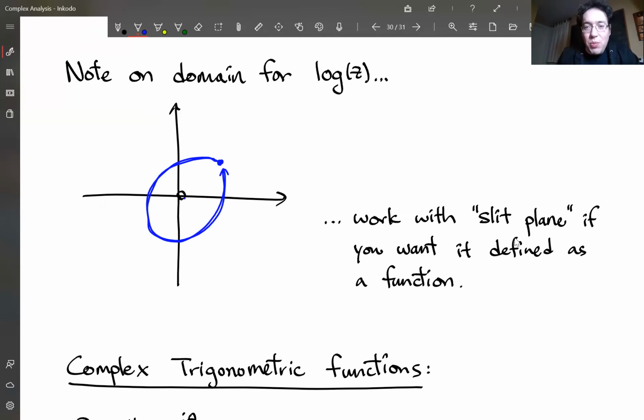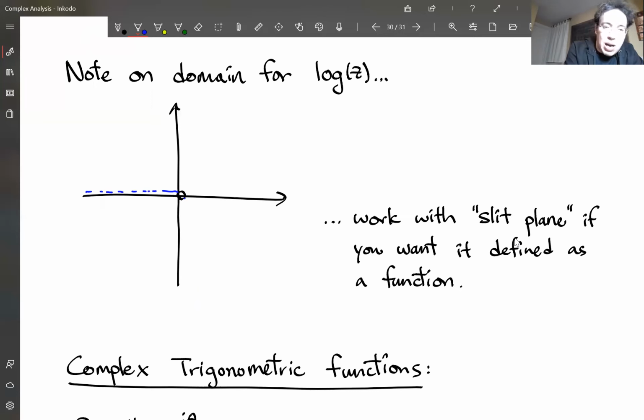So if you want to work with a continuous function, you have to cut up the domain. Usually what's done is you work with what's called the slit plane, where you cut off the negative real axis all the way up to and including the origin.